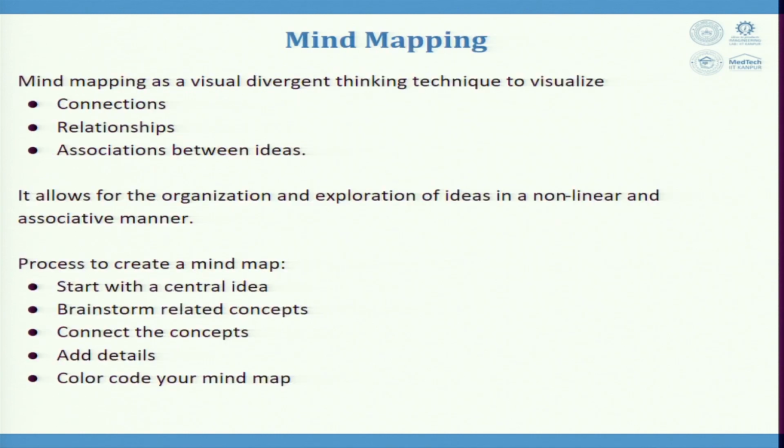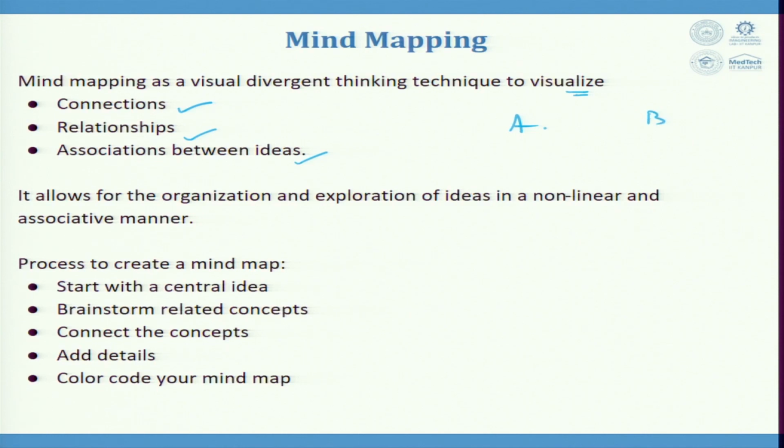The next one is going to be mind mapping. Mind mapping as a visual divergent thinking technique is used for visualization. Here we talk about connections, relationships, associations.